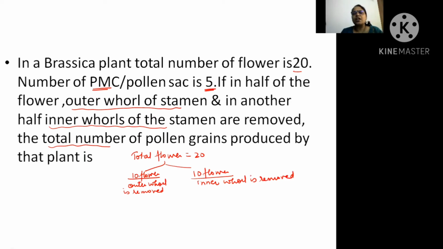So if you see here, let us assume with one flower, if inner whorl is removed, it means outer whorl is there. So it means one flower will have only two stamen. Remember this concept. One flower will have two stamen. Why? Understood the logic? Logic is inner four are removed. So it means one flower will have only two stamen.